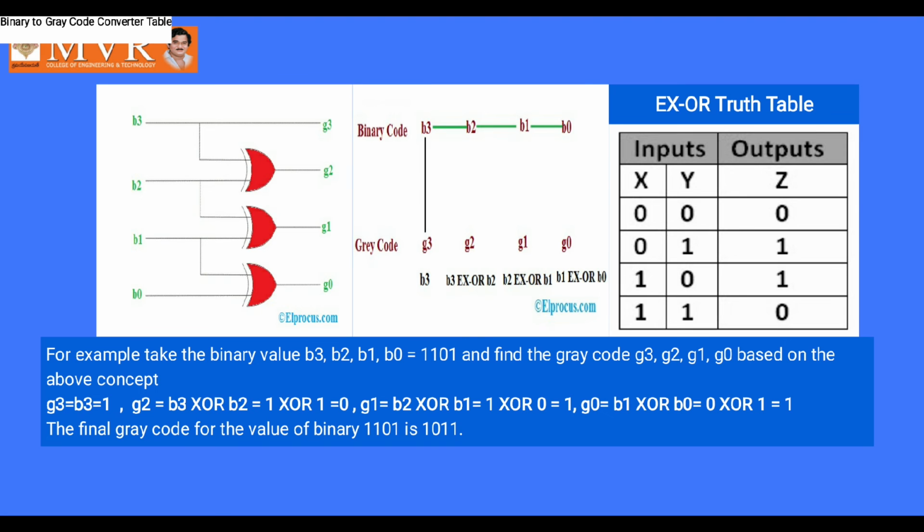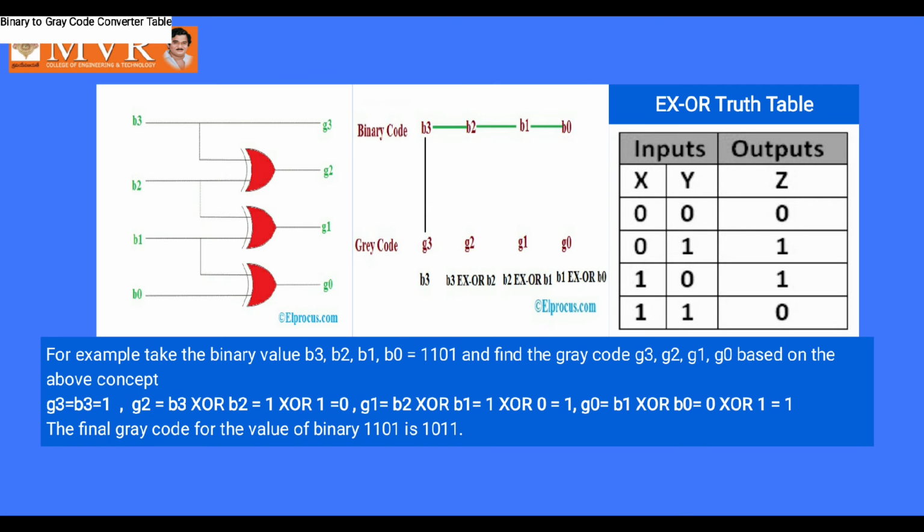G2 is calculated by using the XOR of B3 and B2. What is B3 in the given example? 1. And what is B2? B2 is also 1. So when two ones are XORed, as per the table, the output will be 0. That's why G2 is written as 0.